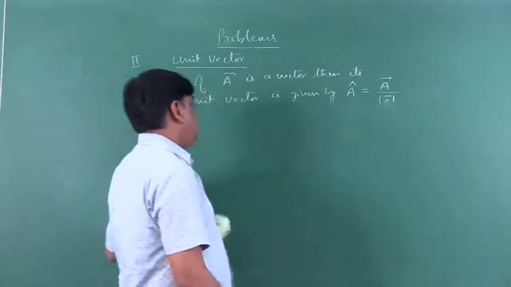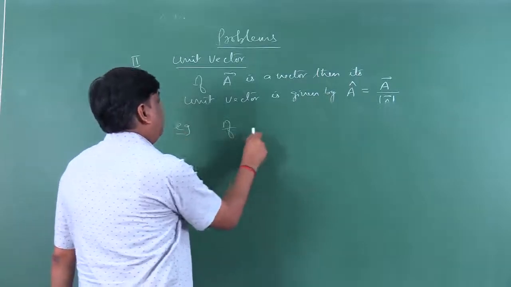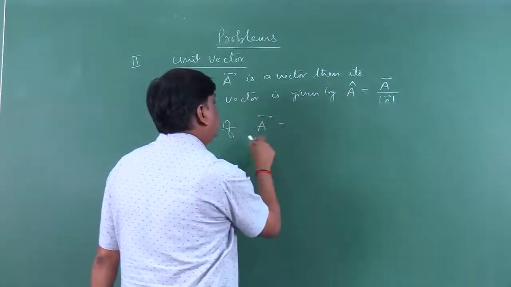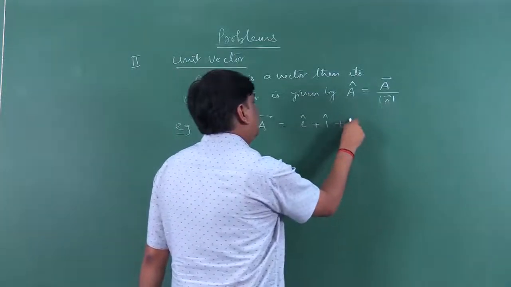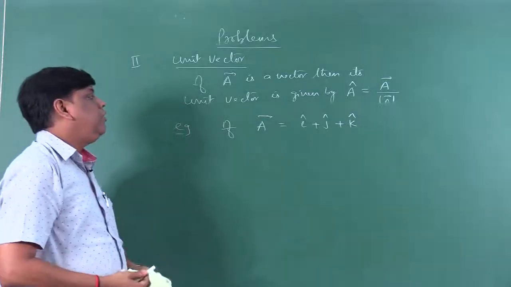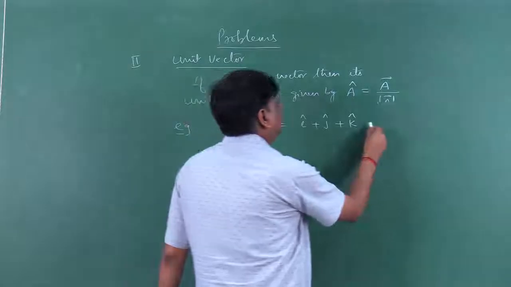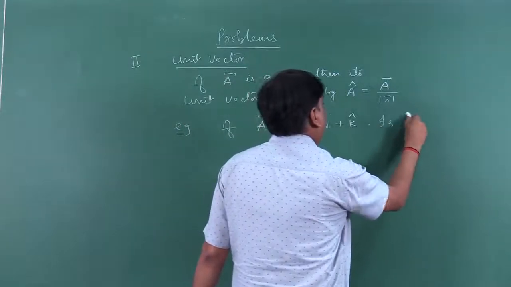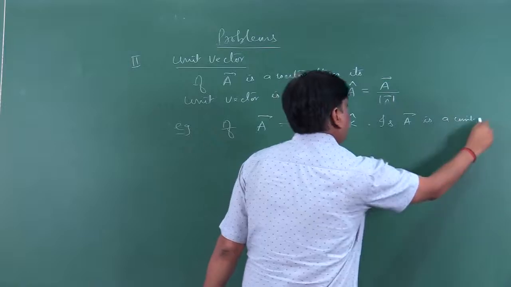Now next, if we say that vector A is equal to the sum of 3 unit vectors, let us say i cap, j cap plus k cap, and someone asks you, is vector A a unit vector?